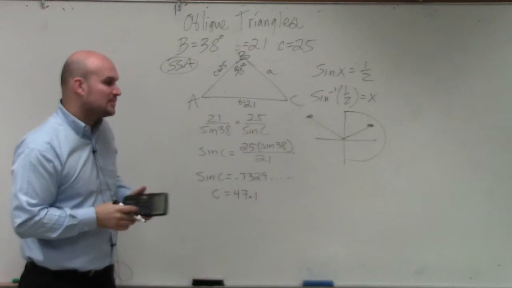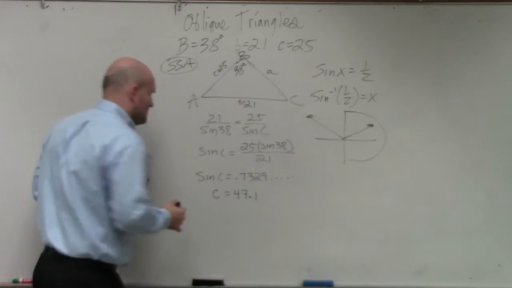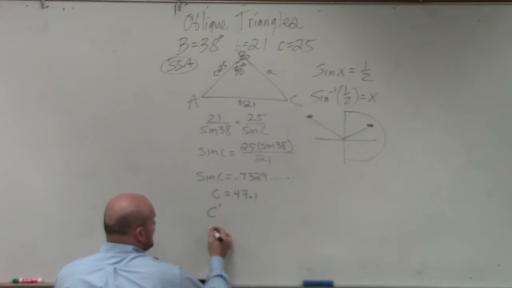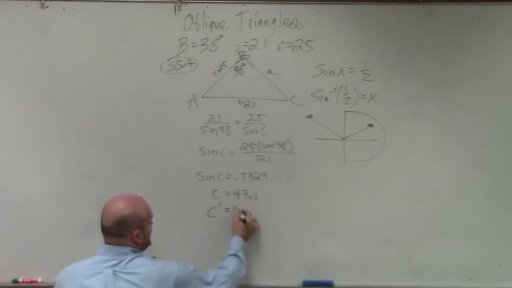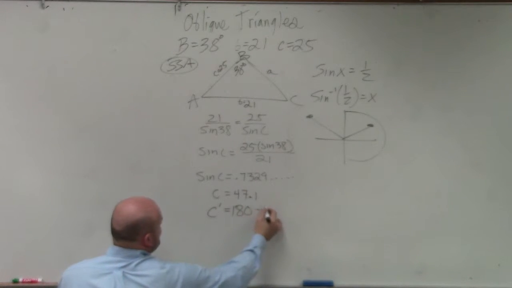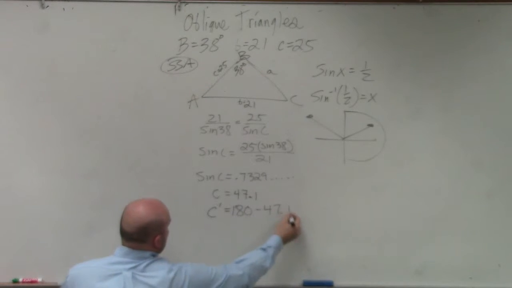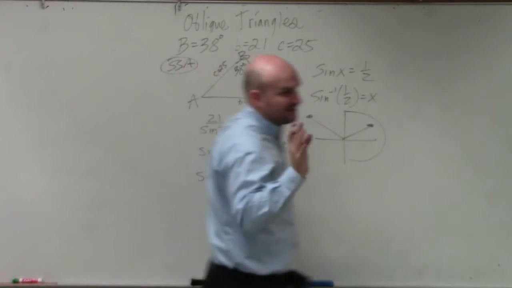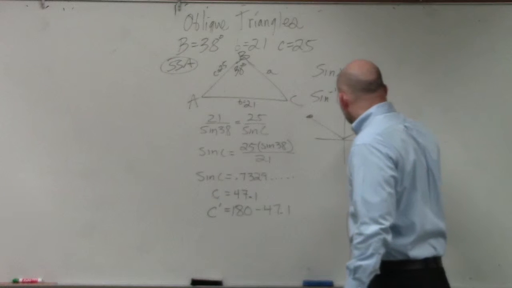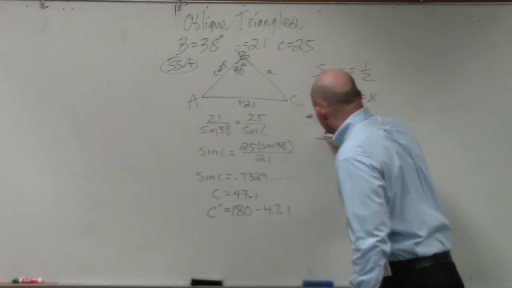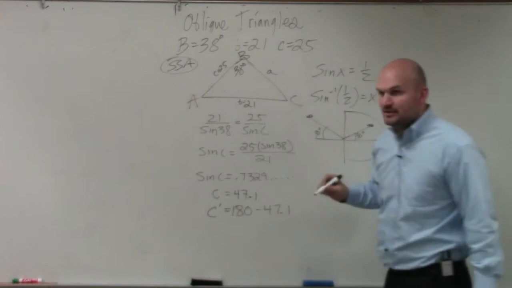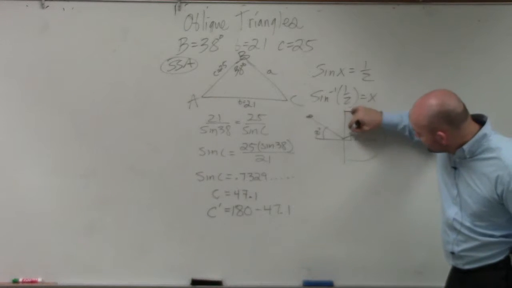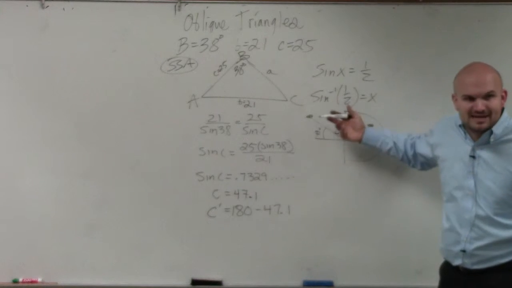So what we're going to do is look for c prime. To find c prime, we take 180 minus 47.1. Now follow me on this. Again, remember, if this was 30 degrees, then we knew that other angle was 180 minus 30, right?